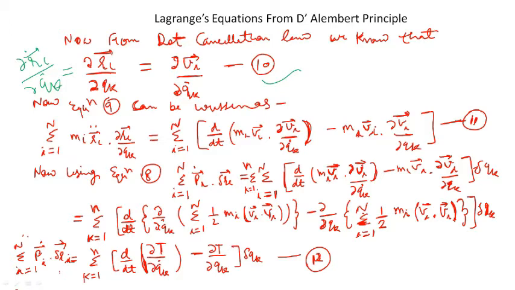Now we will write the value of ∂ri/∂qk equal to ∂vi/∂qk dot, in equation number 9.